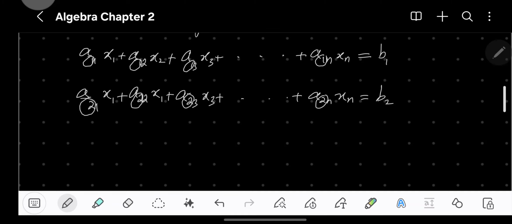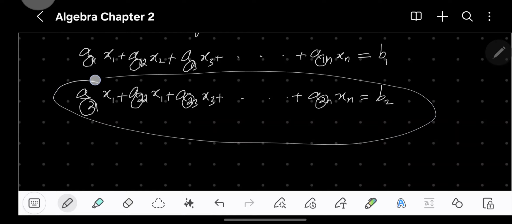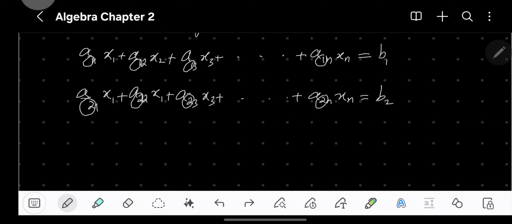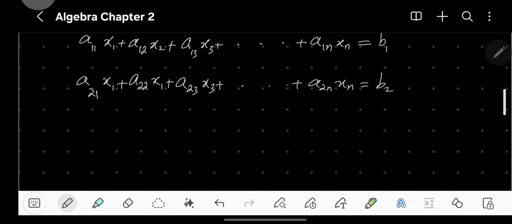If I have to write the next equation, I have to write the same equation, but I will change the first index to 3 because I have to write the third equation, right? So here is the third equation.